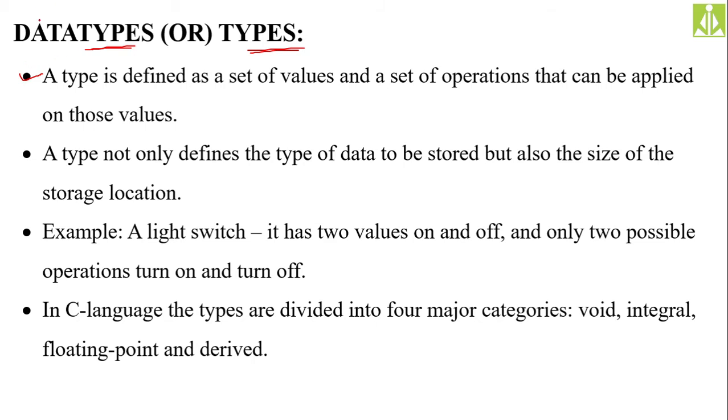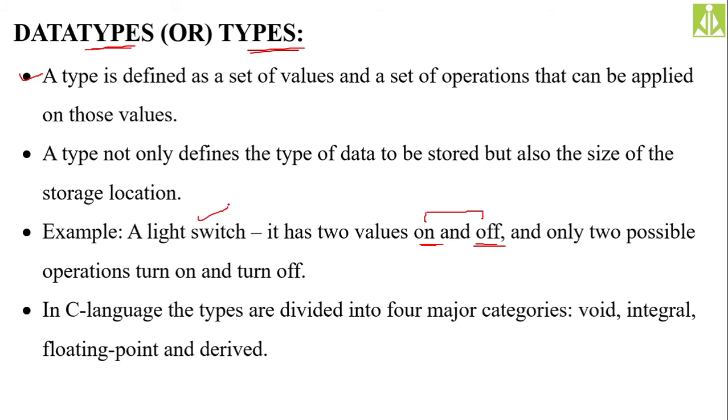When it is in on condition, we can consider its value as on, and when it is in off state, we can consider its value as off. So on and off are the possible values for an electric switch.